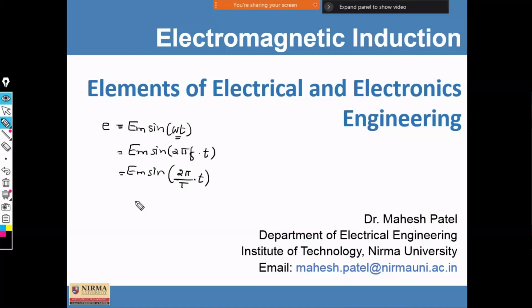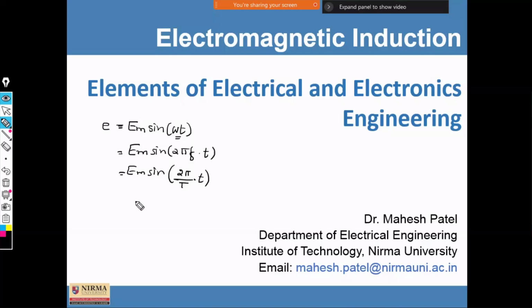Now, based on this, we are going to have various definitions, and these are what we are going to discuss today. According to Faraday's law of electromagnetic induction, EMF is induced in the coil in two different ways, as we discussed, and then we derived an expression in terms of various angles theta.